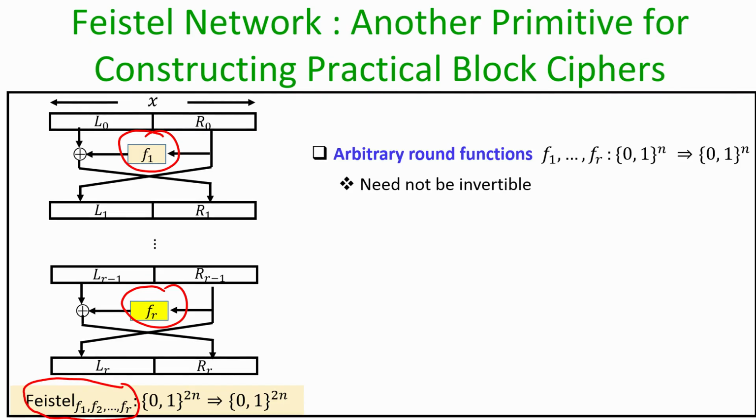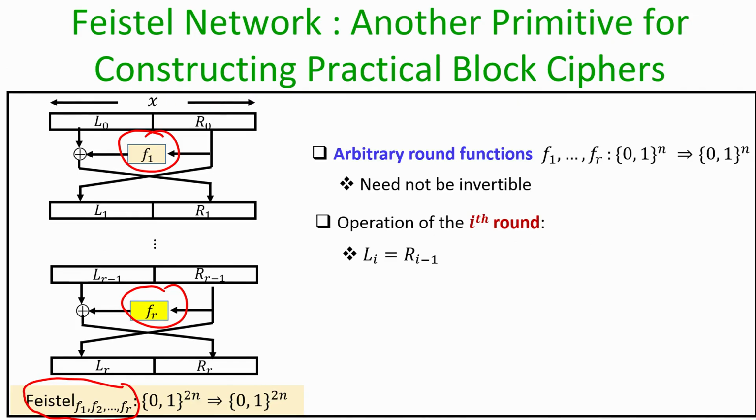The interesting property of the Feistel network is that, unlike SPN where we need the S boxes to be invertible to ensure that the overall keyed permutation is invertible, when it comes to Feistel networks, the round functions that we are using in the individual iterations need not be invertible. It could be any function, even if they are not invertible, right. There is a special way by which we can uniquely invert back the effect of the Feistel network.